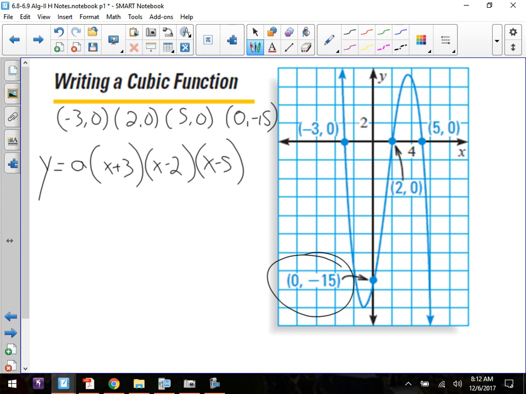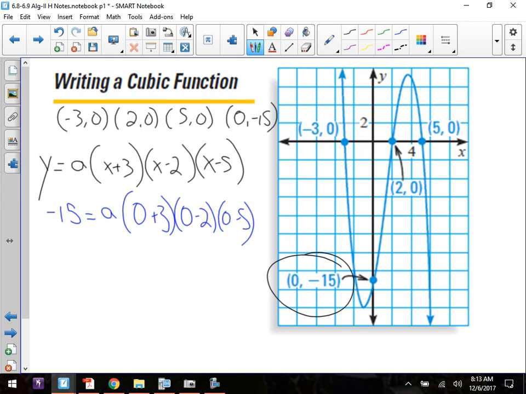You're going to substitute in your x and y value, find a, and rewrite, just like we did before. We're going to find that value of a so that it makes everything work.